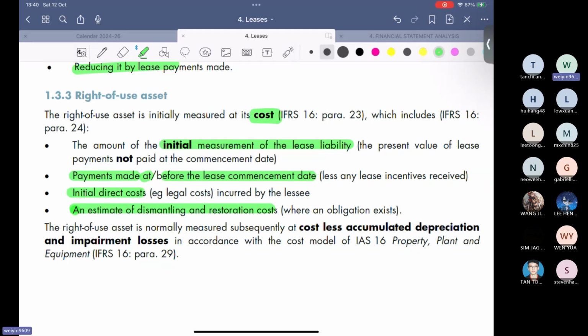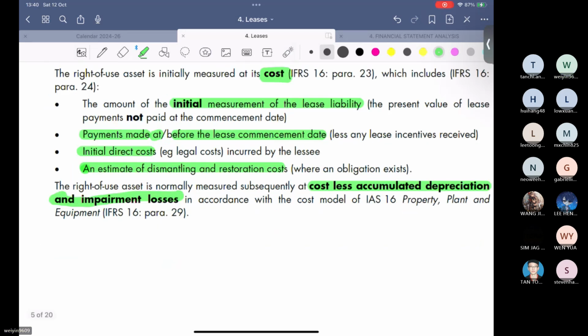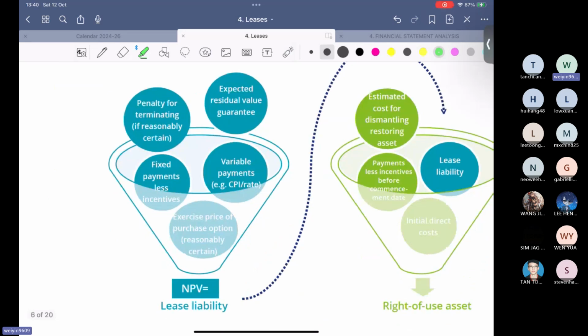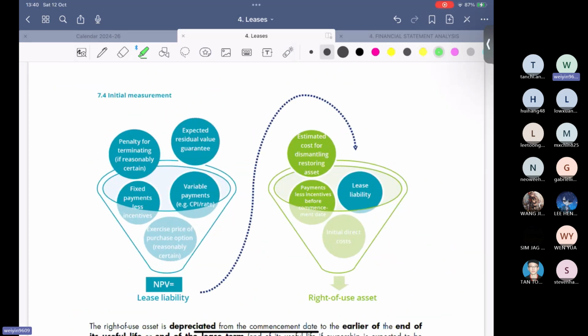And after that, under IAS 16, because this is your asset, therefore it is cost minus accumulated depreciation and impairment in accordance with IAS 16. So I give you the diagrams over here.